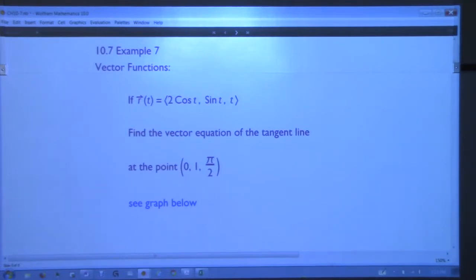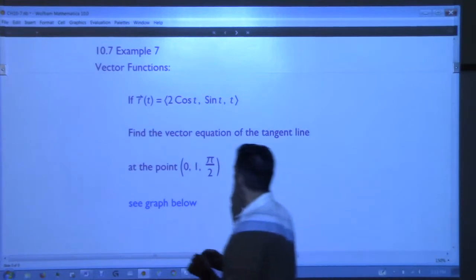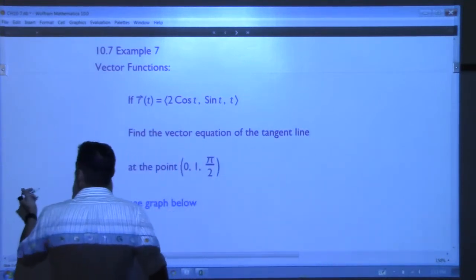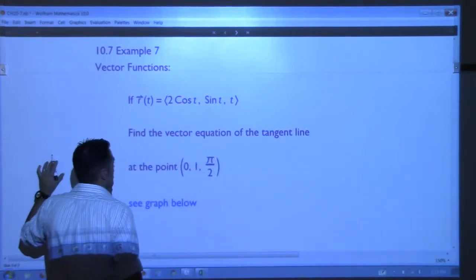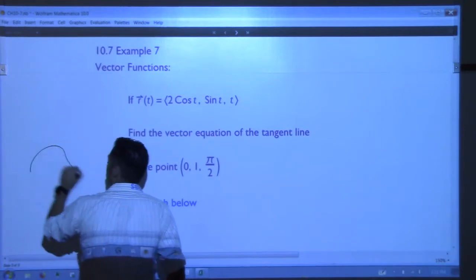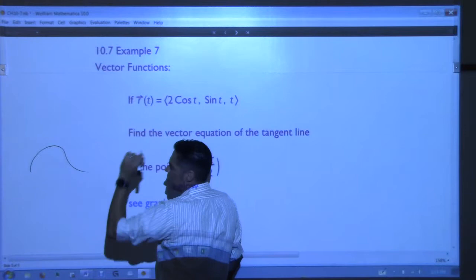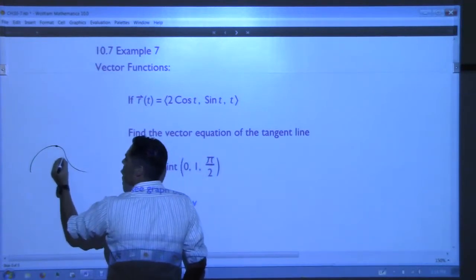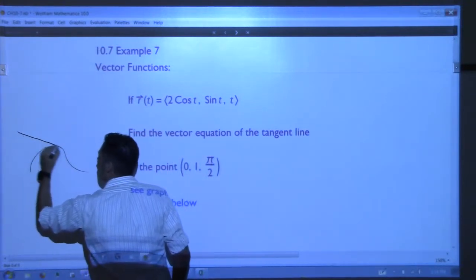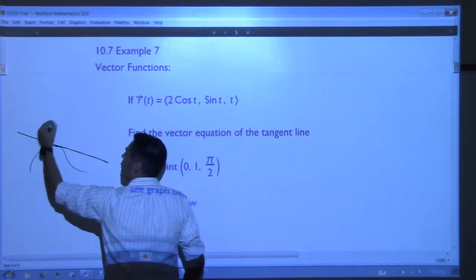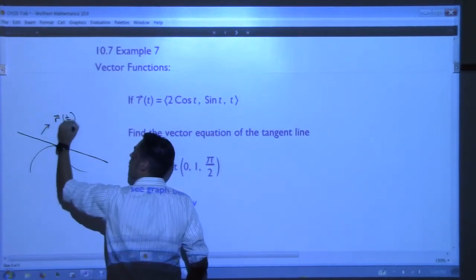Find the vector equation of the line that is tangent at this particular point. Okay, so there's a little bit of complication in here. Here's what we want. We have some curve being drawn by the vector function, whatever is happening, it's 3-dimensional. We want to go to a specific point, and we want to come up with the line. We want the vector equation of that line, don't we?